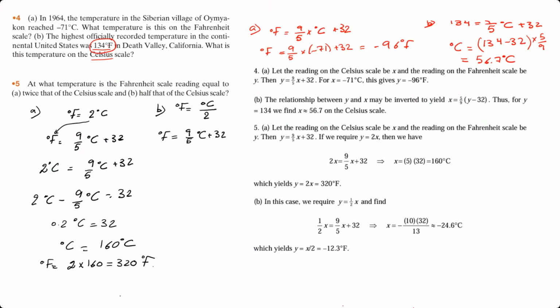So I'll substitute the degree Fahrenheit by degree Celsius over 2. And here I'll have 9/5 degrees Celsius plus 32. Again, I'll isolate. So I'll have degrees Celsius over 2 minus 9/5 degrees Celsius equals 32.